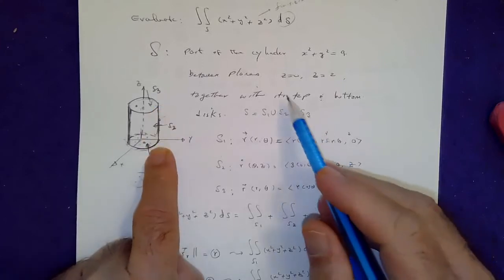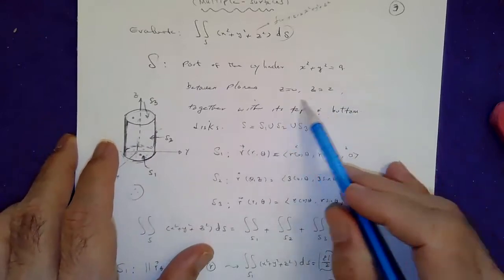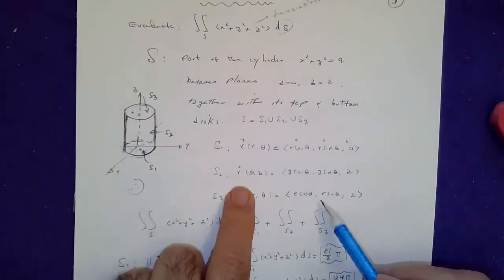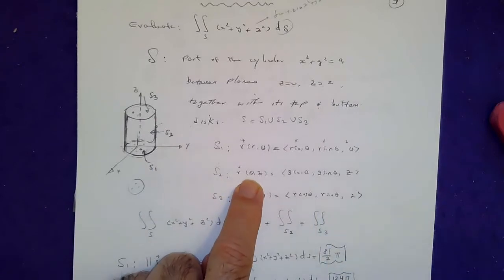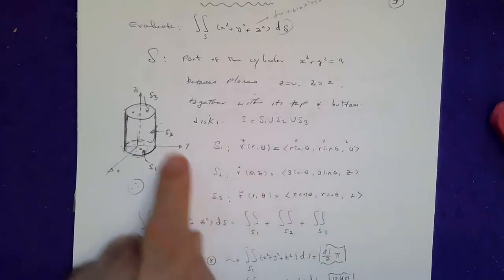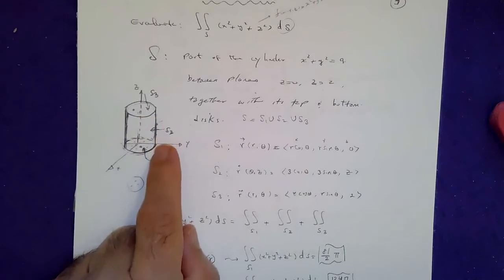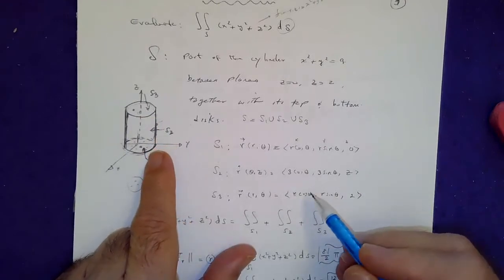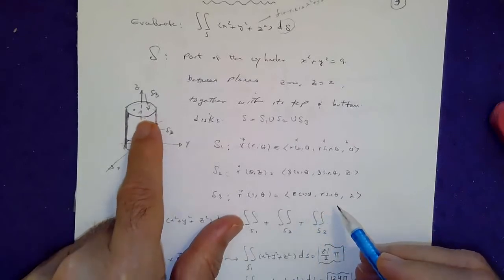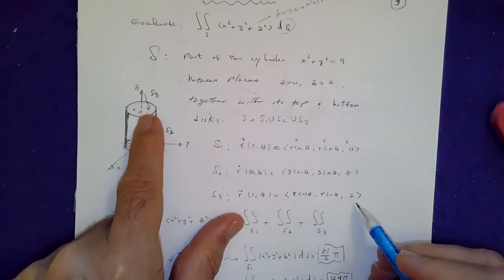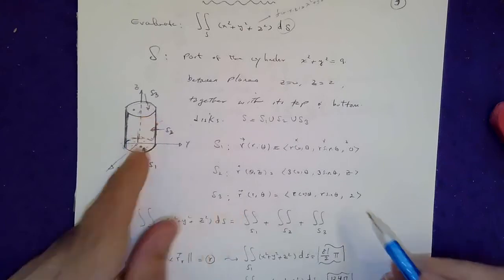It goes between 0 and 2. So my parameters for the sides of the cylinder are theta and z. For the top, I have r cosine theta, r sine theta, but z is fixed. You're at the top, so z is 2.